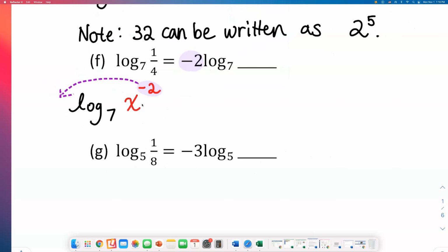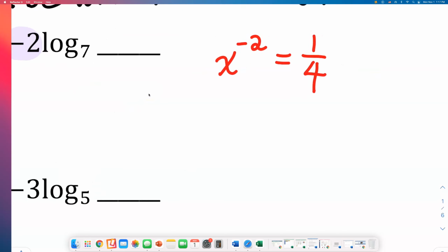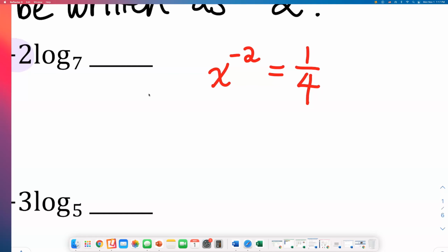So what we got is x to the negative second power equals 1 over 4. Okay, we must rewrite this 1 over 4, this quarter, as something raised to the negative second power. Now, raising something to the negative second power is the same as 1 over x squared, isn't it?